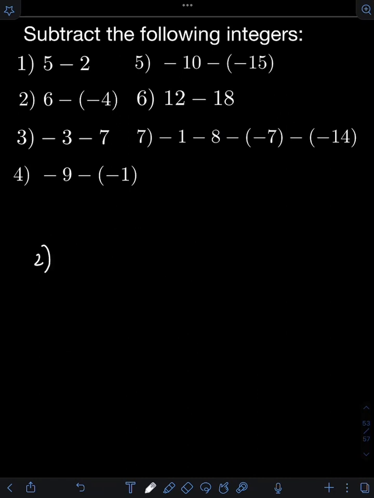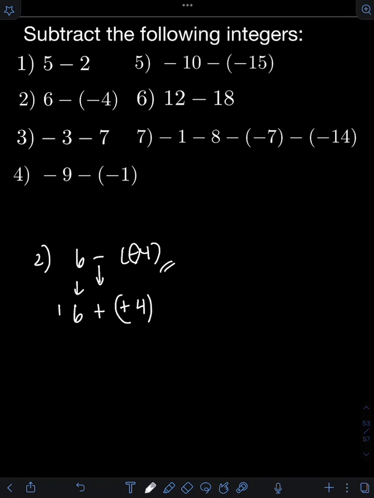For number 2, we have 6 minus negative 4. Again, copy the first number 6, change the minus operation to plus, and change the sign of the subtrahend, or the second number, to its opposite. Since we have negative 4, let's make it now positive 4. This time, we are adding 6 plus positive 4.